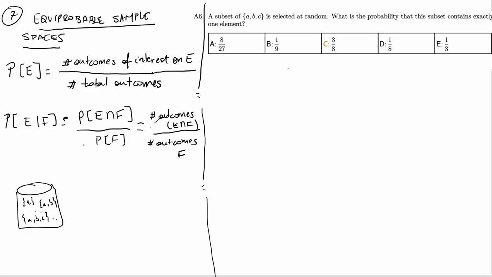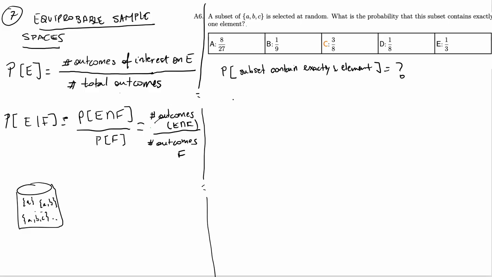The question is, what is the probability that the subset that I draw contains exactly one element? This is the event.